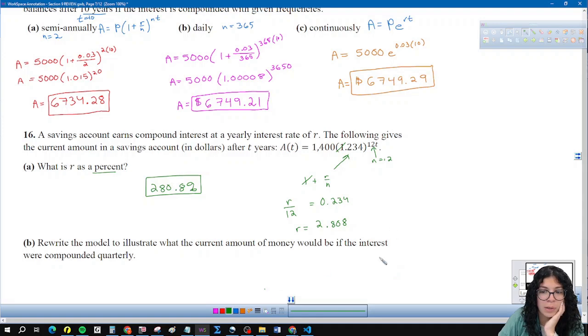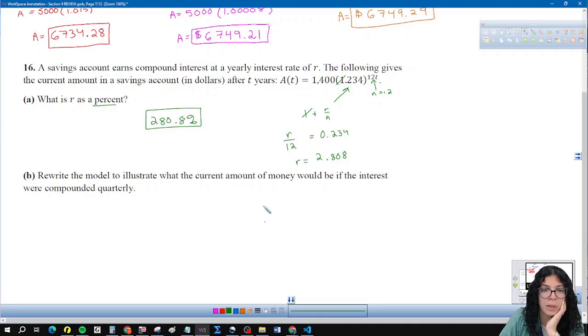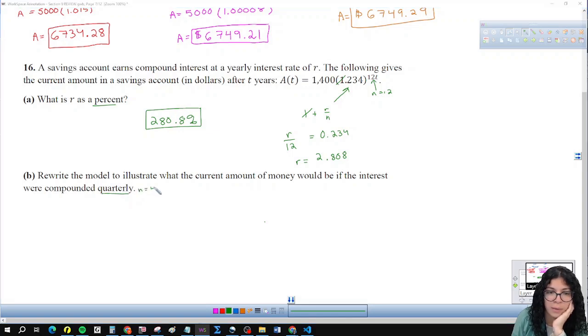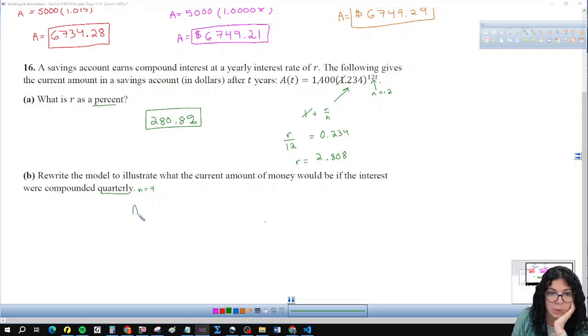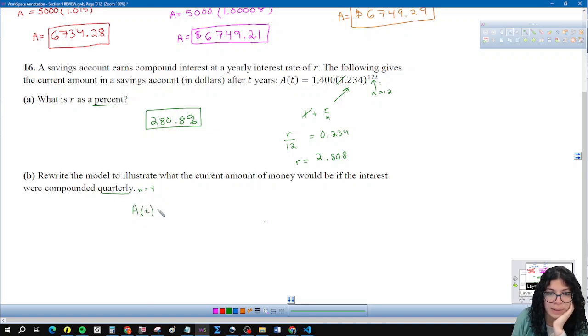Okay, and then last, they want us to rewrite the model to illustrate what the current amount of money would be if the interest were compounded quarterly. So now they just want us to change N and use N as 4. So I will keep the same situation, A(t) equals 1400.